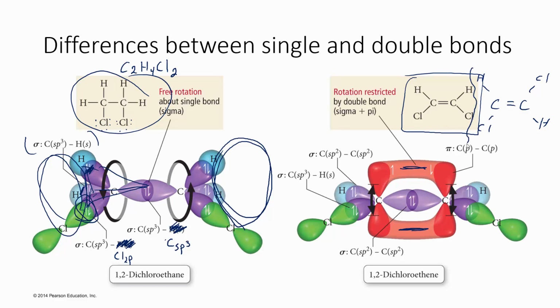These are two different molecules with slightly different chemistries and slightly different physical properties, just because that free rotation is not there around the bond. So I can have the chlorines both on the same side, which naming wise, which you don't need to remember, is referred to as a cis arrangement, or chlorines on opposite sides, which is actually a trans arrangement in terms of naming.